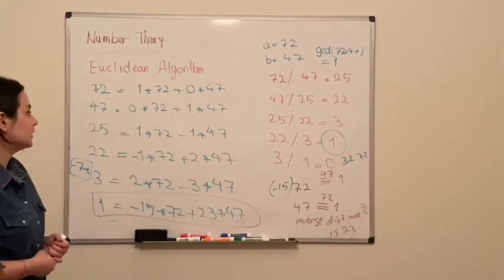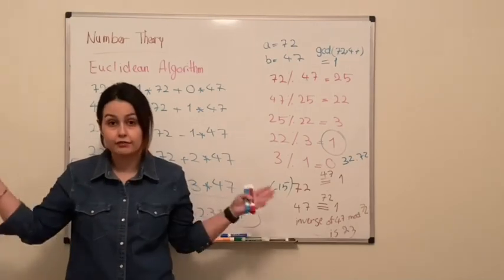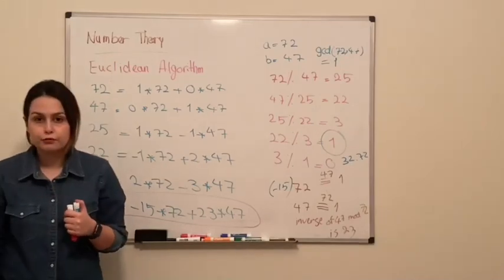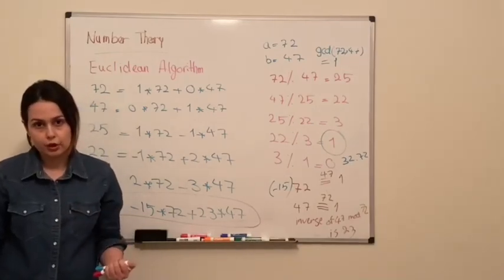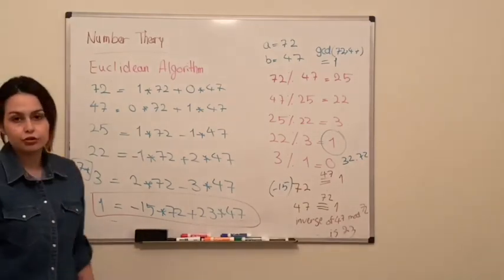The Euclidean algorithm is not efficient when we want to work by hand with really big numbers, but it is really efficient when we use it with computers. So the Euclidean algorithm is one thing that we actually use.